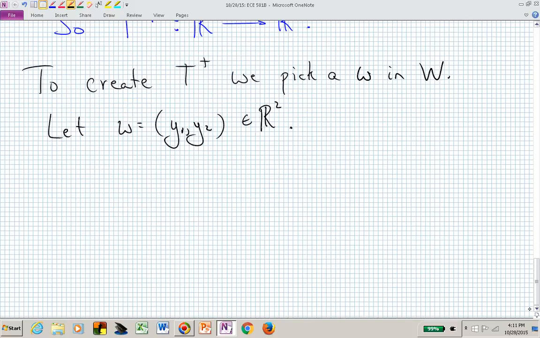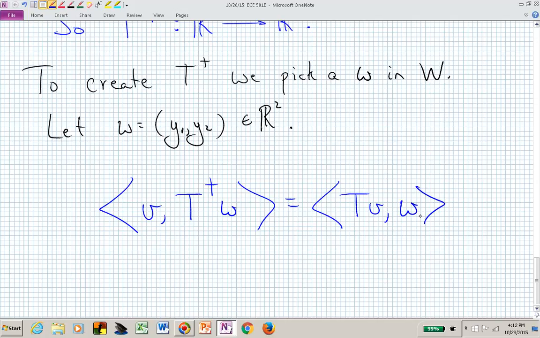We now need to make sure that we can select T dagger, or how does T dagger map Y1 and Y2 into R3? That's what we're asking, and we want that to happen in a way that V, T dagger W must equal TV, inner product with W. That's just the definition of the adjoint.